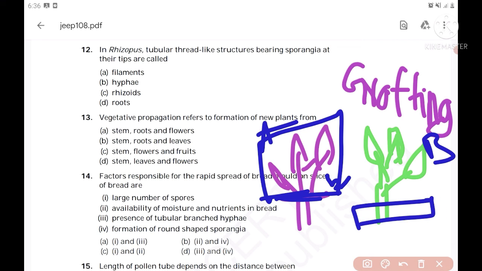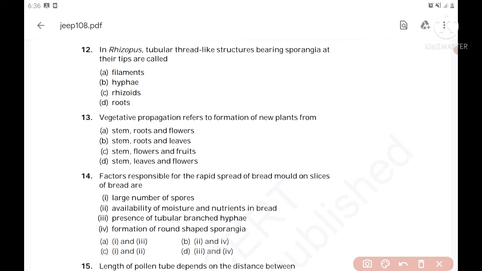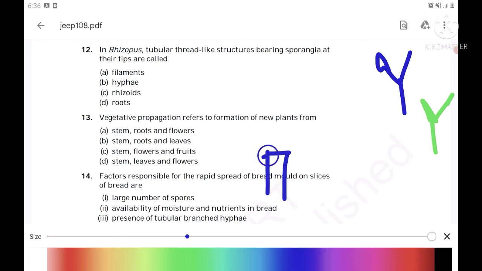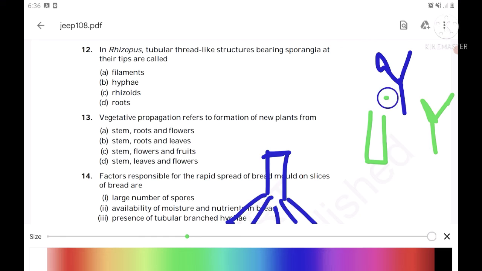What you can do is take plant A's stem to the root part and plant B's topper part. So just divide it into two parts.